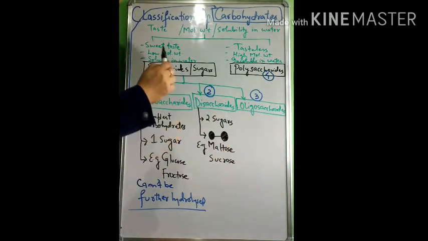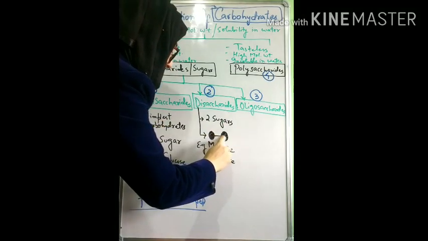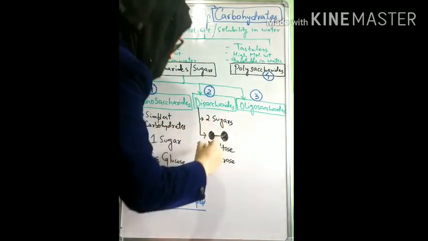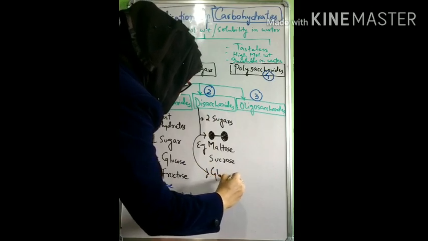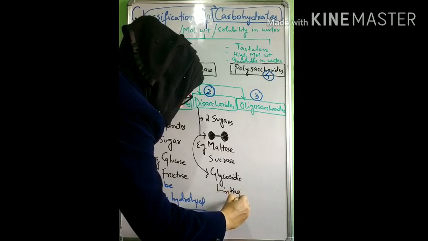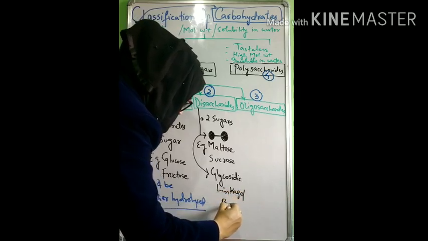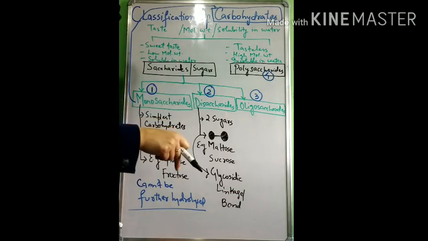Okay. Now one thing which you can remember over here is the bond which connects the 2 sugars. What is this bond called? It's called glycosidic linkage, or you can call it a glycosidic bond. So which is the bond which you will find in carbohydrates?